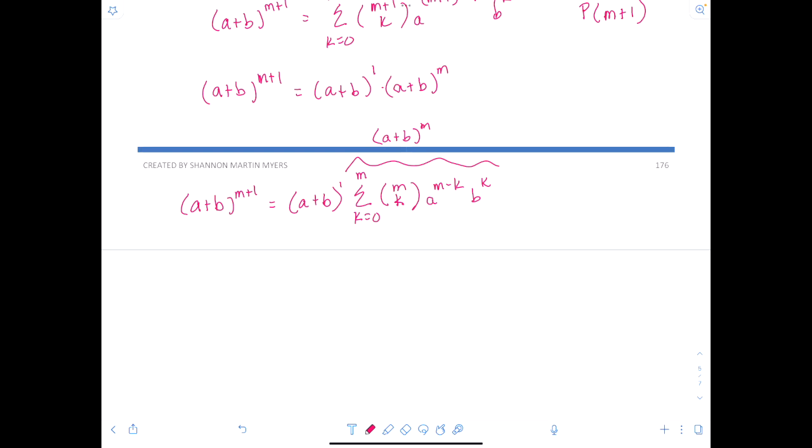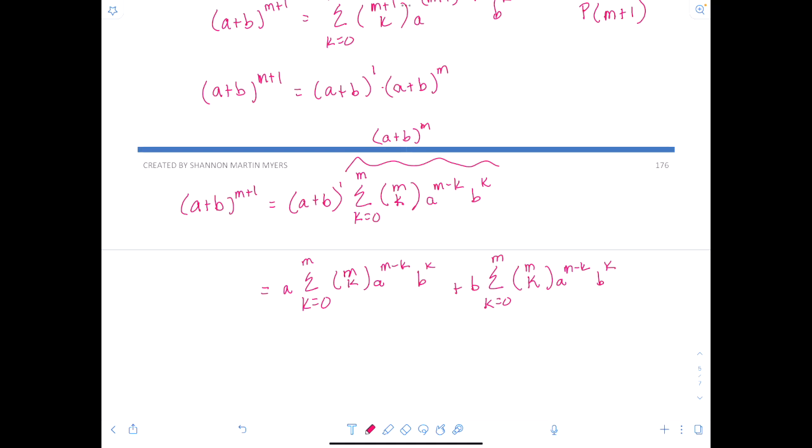So when we do this, we can use the distributive law to say that this is equivalent to a times the summation, k is 0 to m, m choose k, a to the m minus k times b to the k, plus b times the summation as k goes from 0 to m, m choose k, a to the m minus k times b to the k, just by distributing the a plus b through, or distributing the summation through the a plus b.